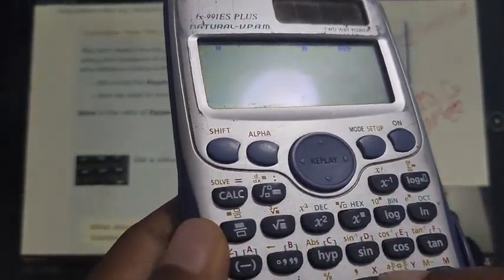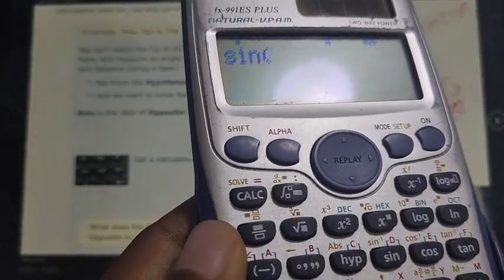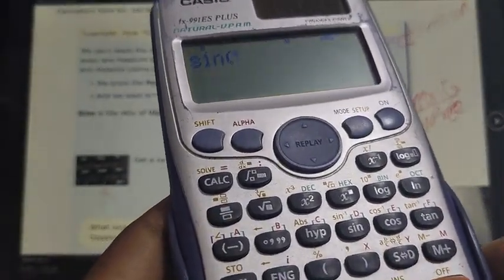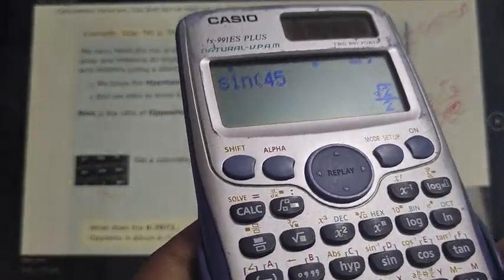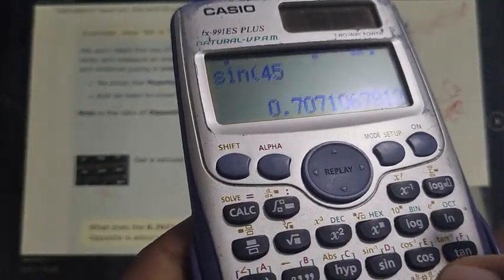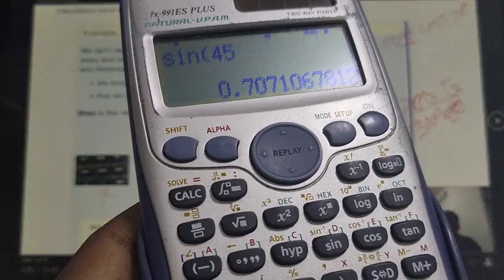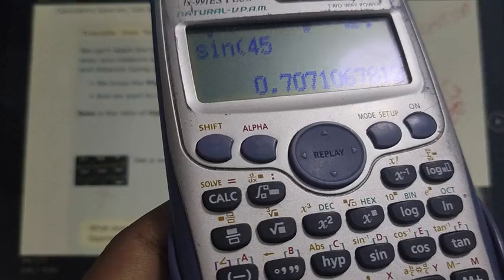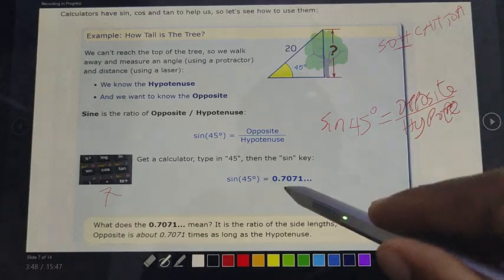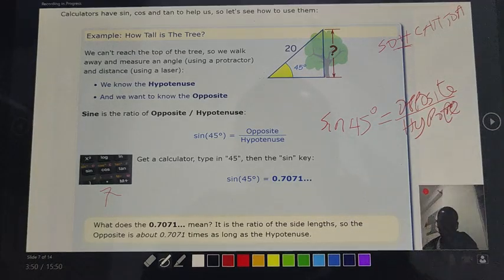Let's look at where sine is. That one, sine. So we just put sine 45, and click to get it into that form: 0.7071. That's how we do it.